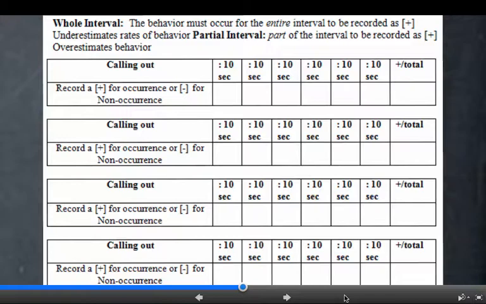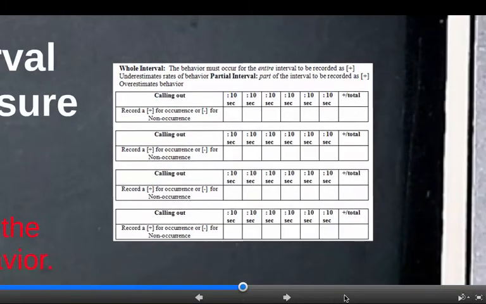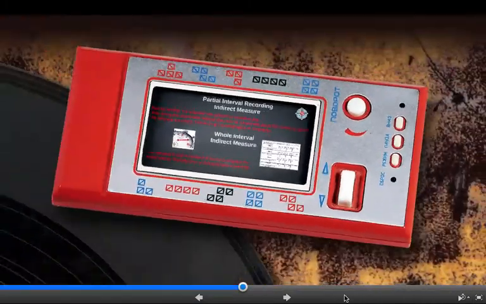However, I will say it is very convenient to be able to partition time out into increments, whether it be 10 seconds or 10 minutes or 30 minutes, for example, and just indicate yes or no, the behavior occurred or the behavior did not occur. If it occurred, I'm putting a plus down. If it did not occur, I'm putting a minus down. That is the partial interval method.